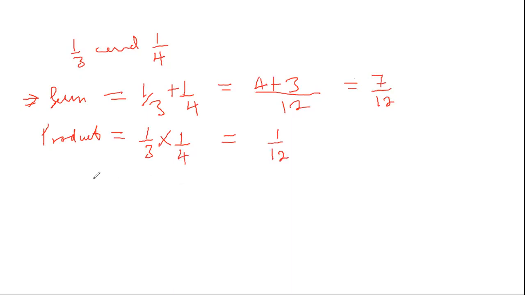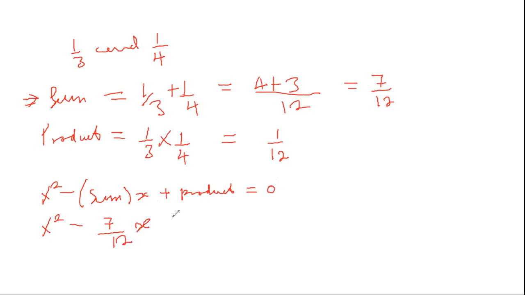So we substitute in the general equation, x squared minus sum times x plus product, which is equal to 0. So we shall have x squared minus sum, which is 7 divided by 12, multiplied by x, plus product, which is 1 over 12. This gives us 0.